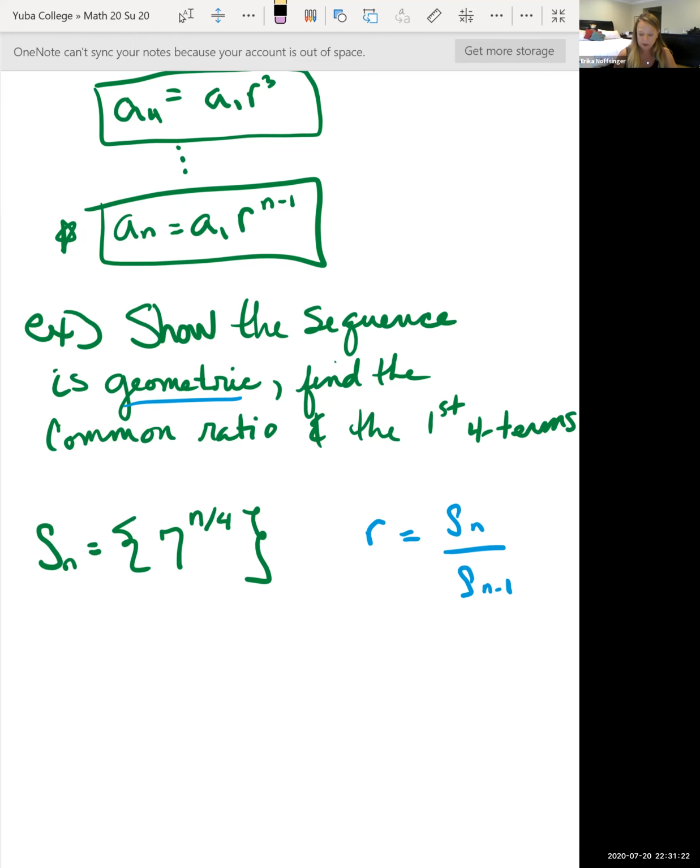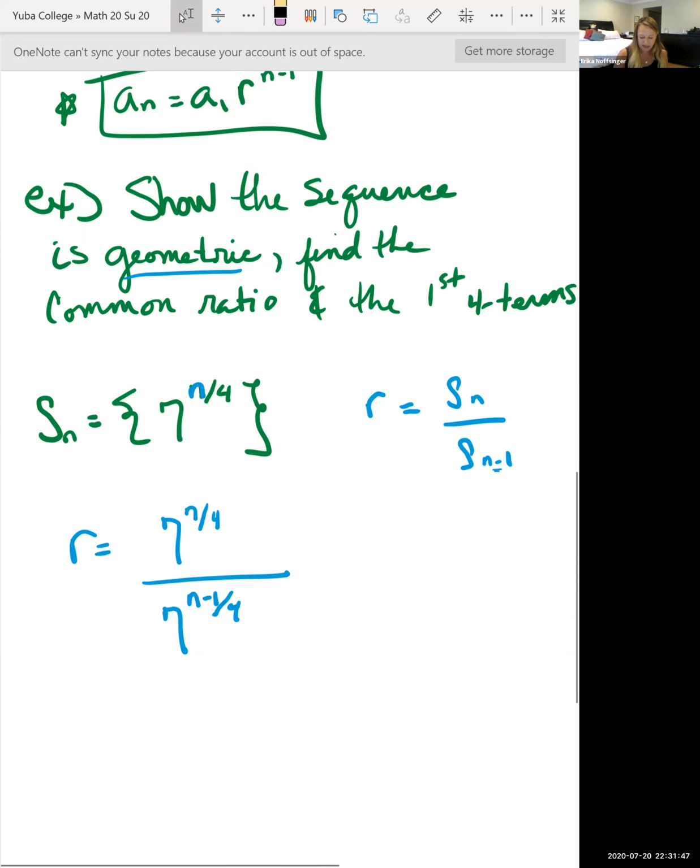We're given s sub n, so r is equal to 7 raised to the n over 4 power divided by, now all we're doing is wherever we see an n here, replacing it with n minus 1, so 7 raised to the n minus 1 over 4.